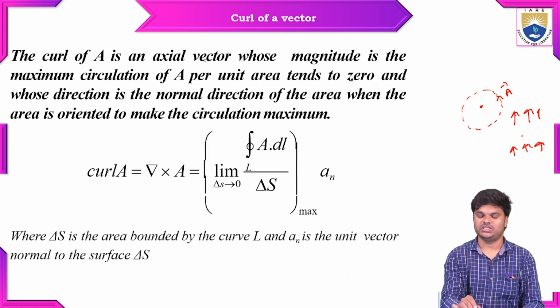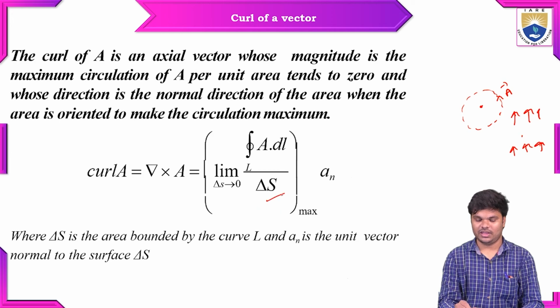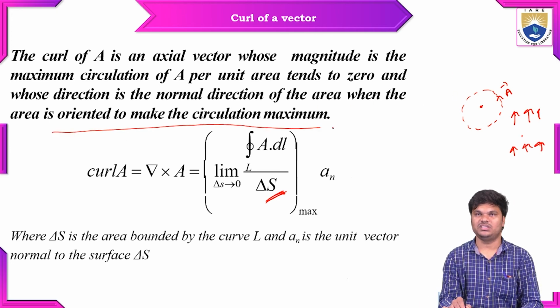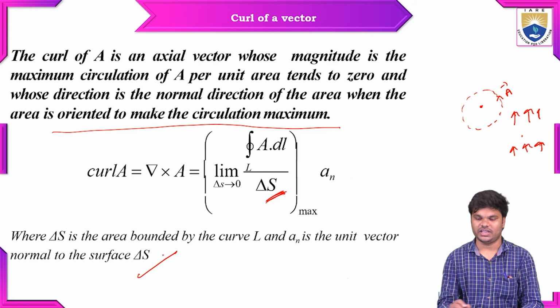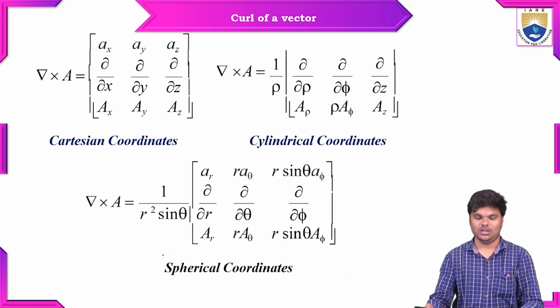Axial vector means a rotational vector whose magnitude is the maximum circulation of A per unit area as area tends to 0, and whose direction is the normal direction of the area when the area is oriented to make the circulation maximum. Right. Where delta S is the area bounded by the curve, a n is the unit vector normal to the surface delta S. Right. And from these formulas we can find out the curl of a vector.